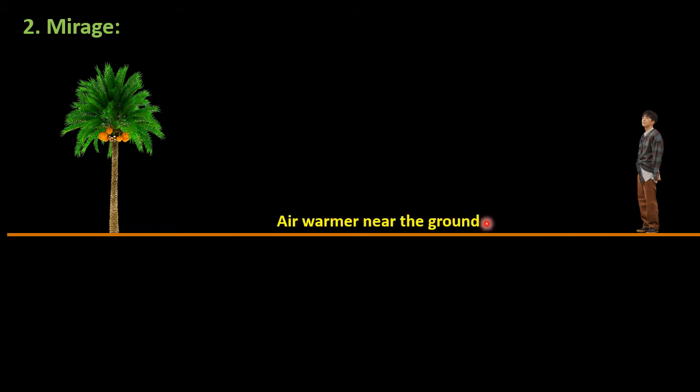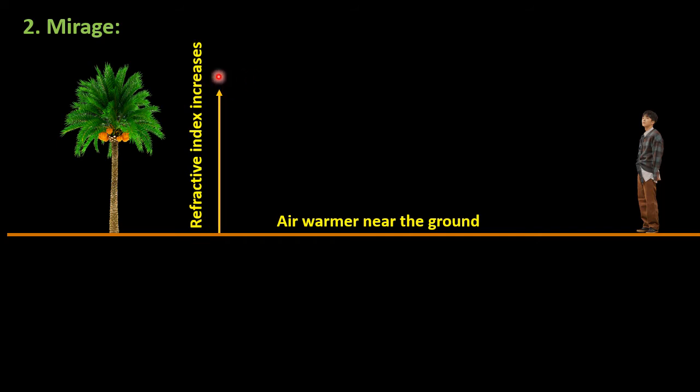The air just above the ground, as it gets heated, will expand and rise up. Due to that, the density of air on the surface of the ground will be lower than the density of air above the surface. Due to this variation in density, there will be a relative increase in the refractive index of the medium.